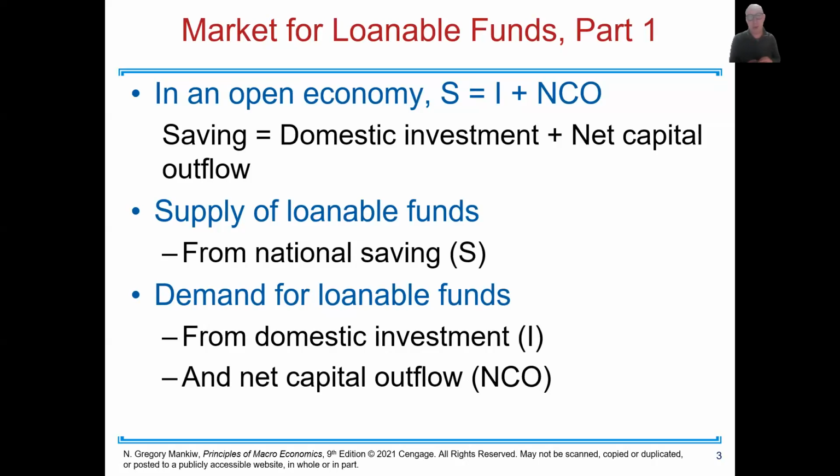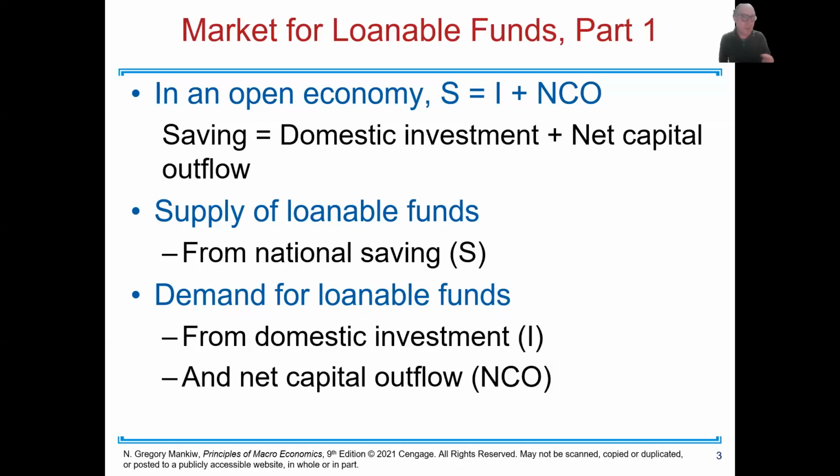Remember, net capital outflow is the inflow minus the outflow. Inflow minus outflow equals net capital outflow. So savings equals domestic investment plus net capital outflow is the definition formula of an open economy for loanable funds.